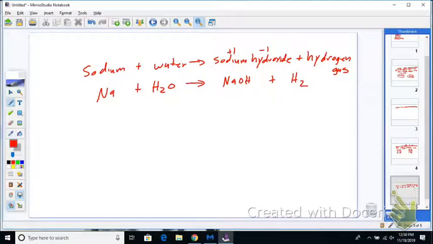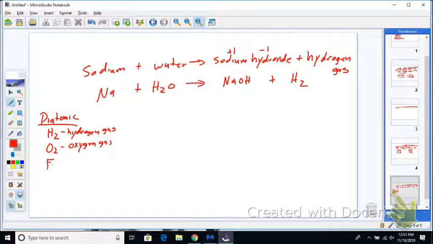Up at the top, if you would, put these elements as diatomic, somewhere on your sheet, put diatomic. They are H2, hydrogen. O2, which is anytime you have oxygen gas. F2 would be fluorine gas.